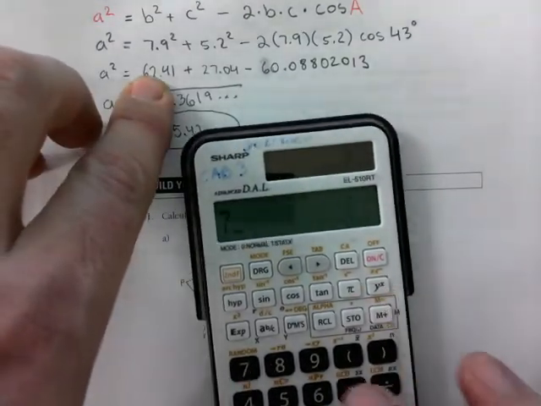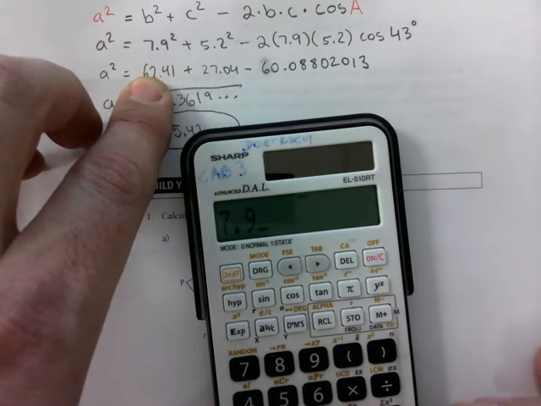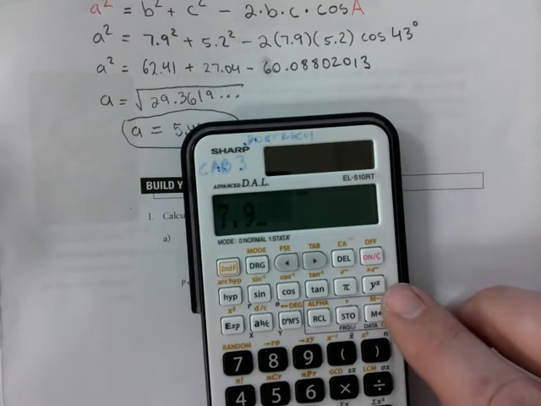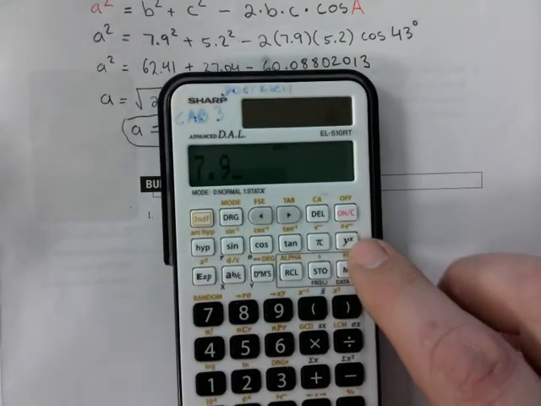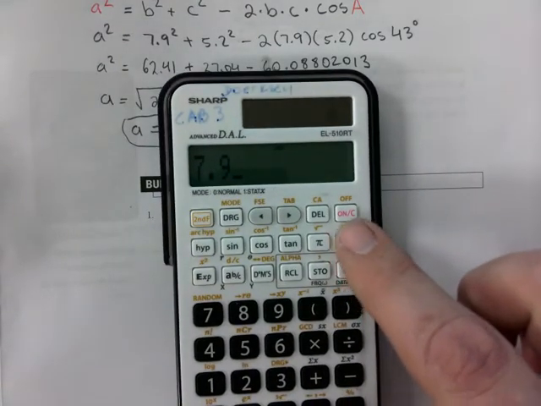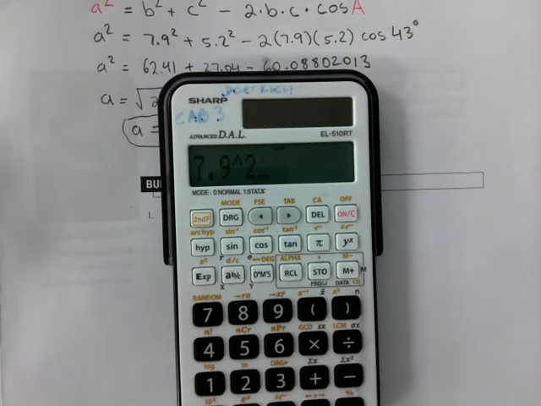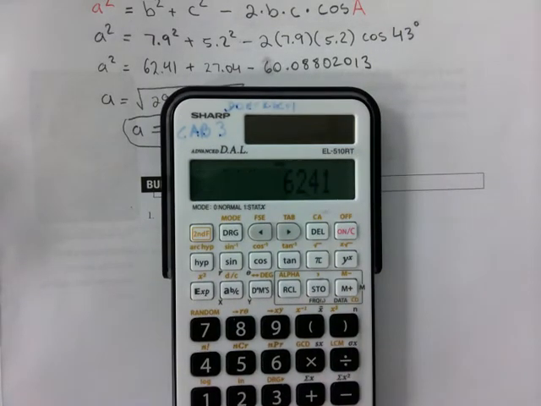So 7.9. You don't have the x squared button. So watch this. You have a y to the x button. See this one here where my finger is? You press that and then 2, that squares it. So if you hit equals, you get 62.41.